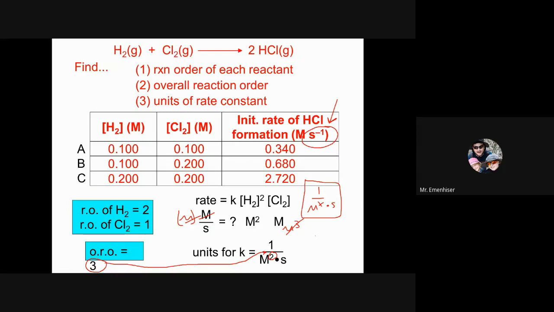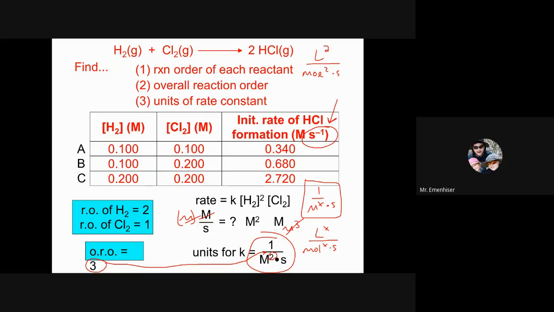Now another thing we can do is we can write L to the x over moles to the x times the time, where again, x is 1 less than the overall order of the reaction. So if we were to write our units here for this K that we're calculating in this example, it would be liters squared divided by moles squared times second.